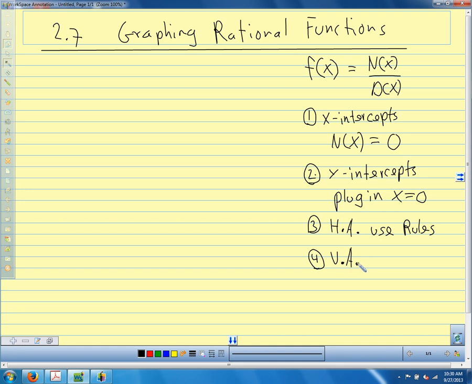And how do we find those? When the denominator is 0. We find where the denominator is 0. And remember that horizontal and vertical asymptotes are always lines. So for a horizontal asymptote, we get y equals something, and for a vertical asymptote, we get x equals something, the equation of a line.